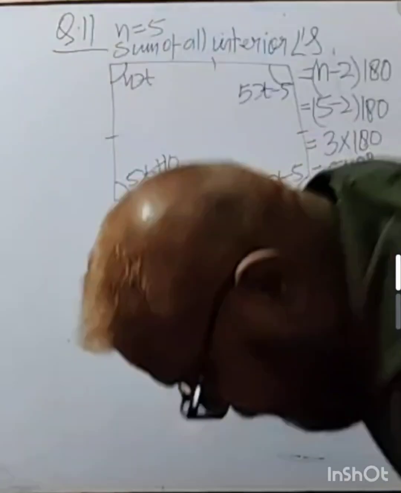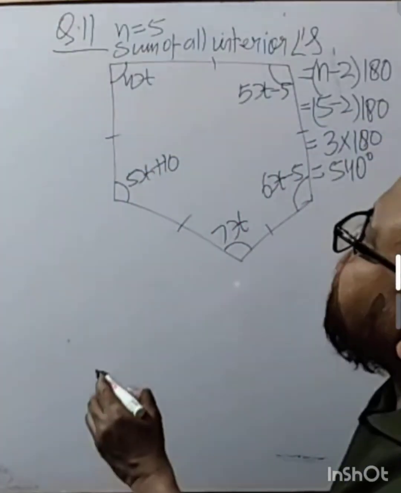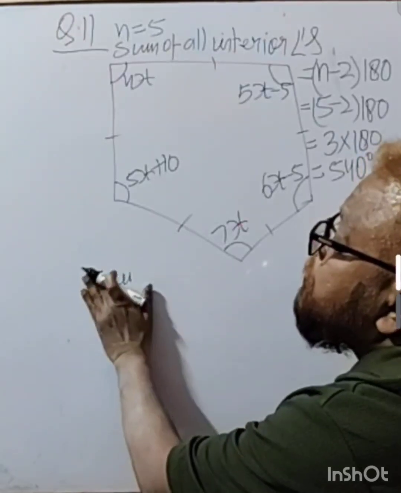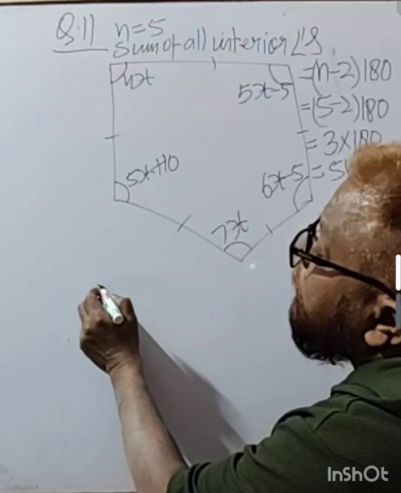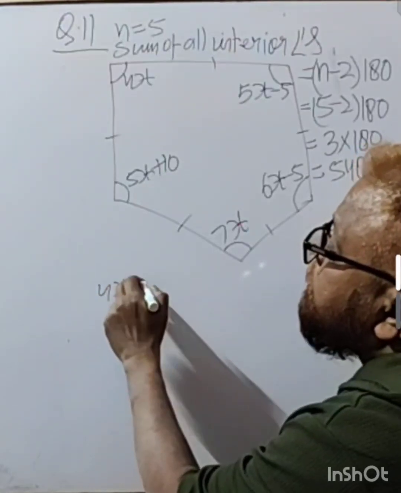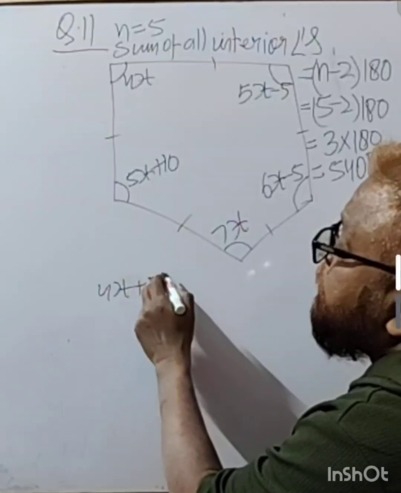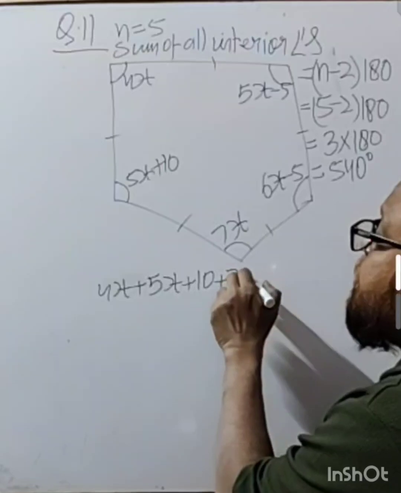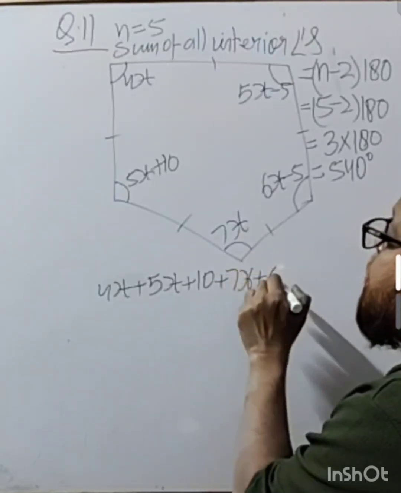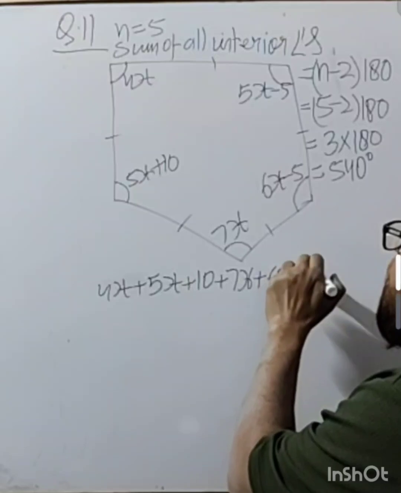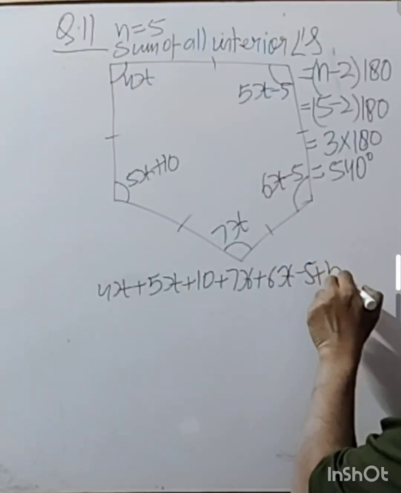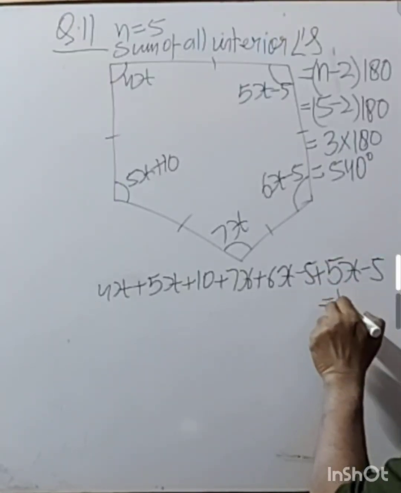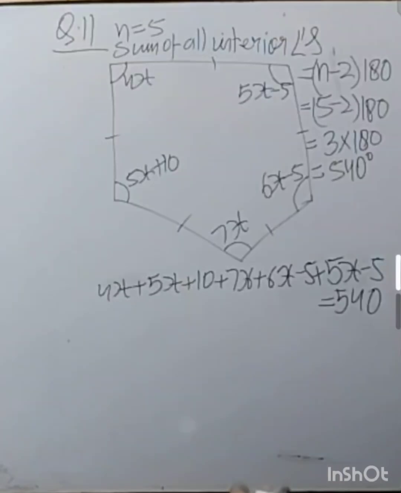Do you get it? Okay. Now the sum: we have 4x plus 5x plus 10 plus 7x plus 6x minus 5 plus 5x minus 5 is equal to 540, right?